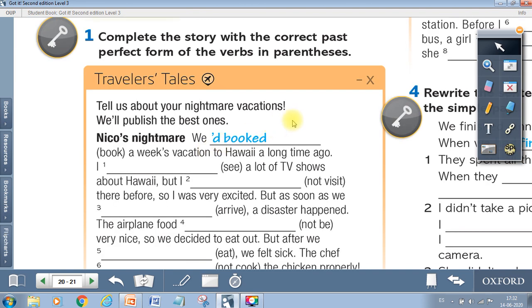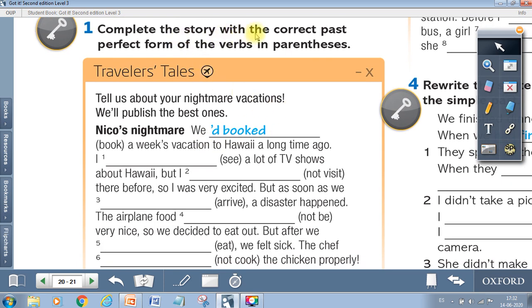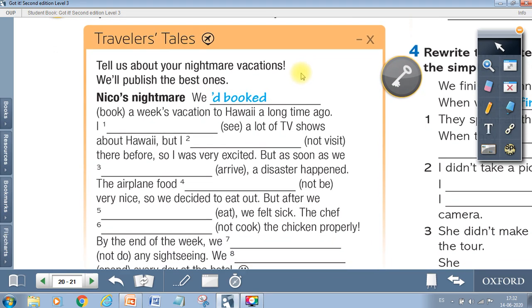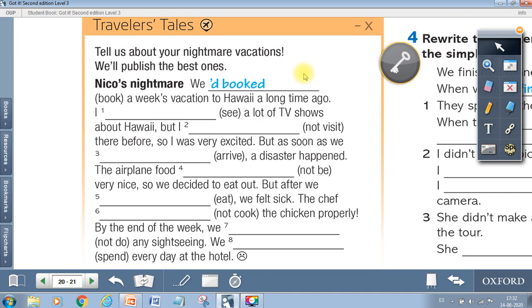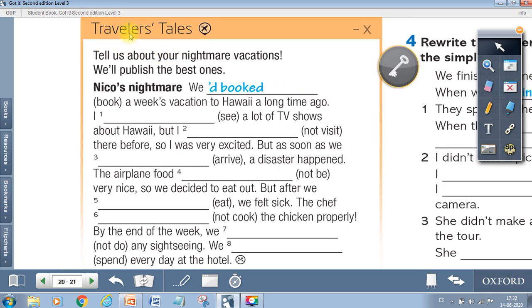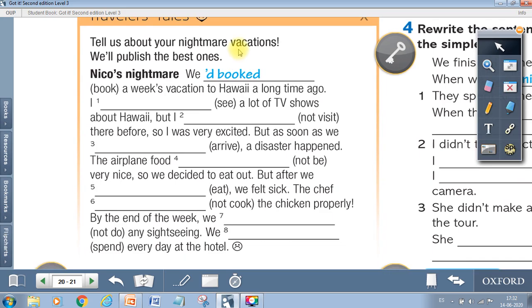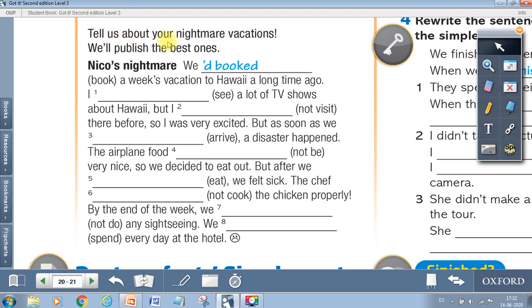Activity number 1. It says, complete the story with the correct past perfect form of the verbs in parentheses. Solamente vamos a utilizar past perfect, o sea, had o hadn't y verbo en participio. It says here, traveler's tales, historia de viajeros. And it says here, tell us about your nightmare vacations, vacaciones de pesadilla, o sea, espantosa.